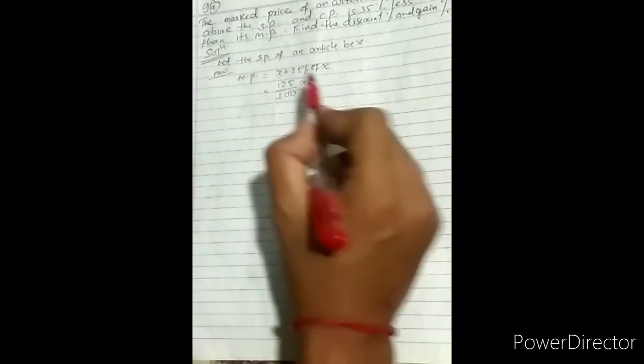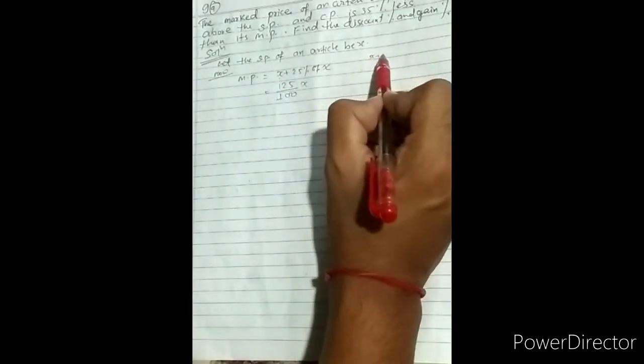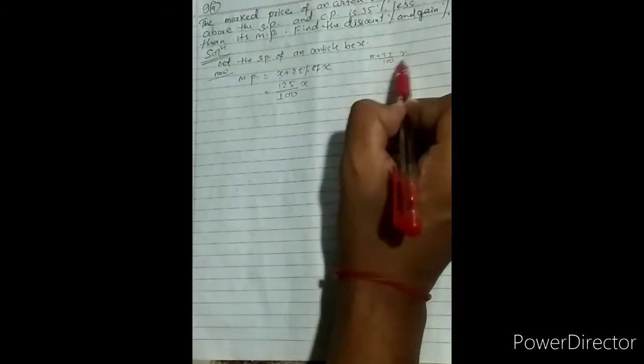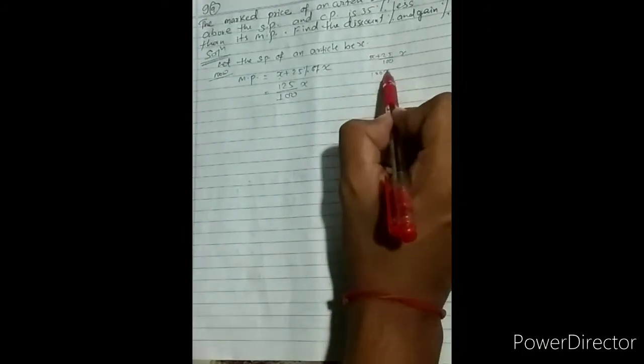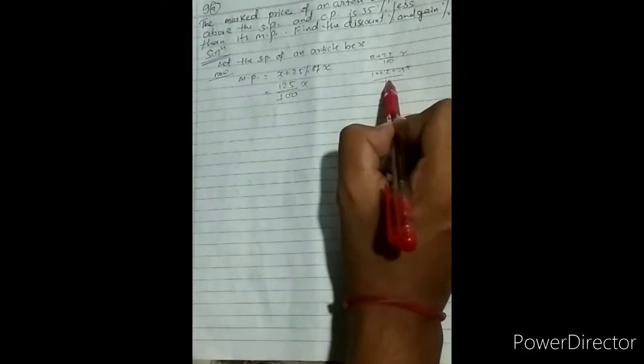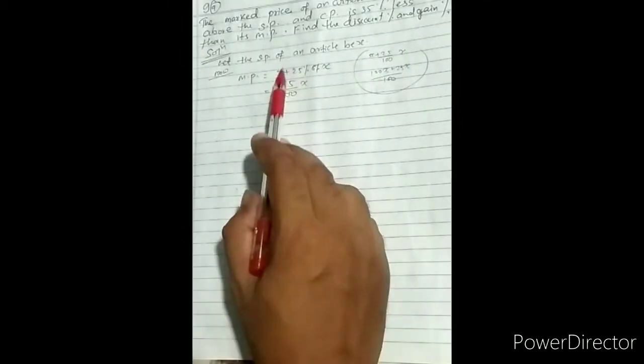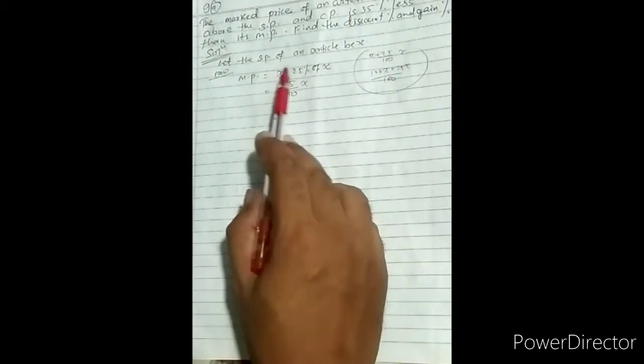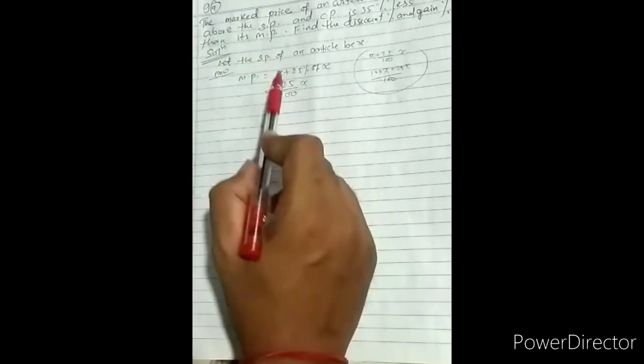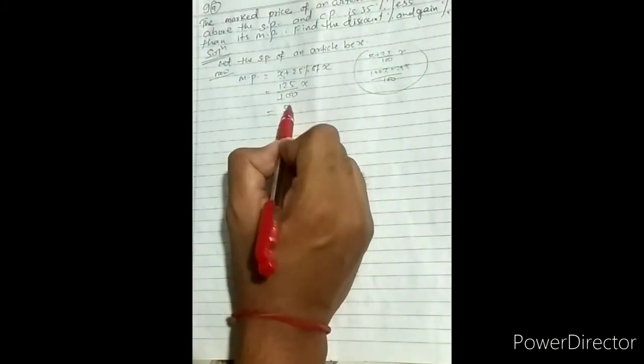If it is not clear, you can write x plus 25 by 100 x. 100 will come here, 100x plus 25x divided by 100, it will be 125. So directly we can add. If there is plus, we add 100 plus 25, 125. If it is minus, then 100 minus. Now you can cancel: 25 5s are 25, 4s are 100.